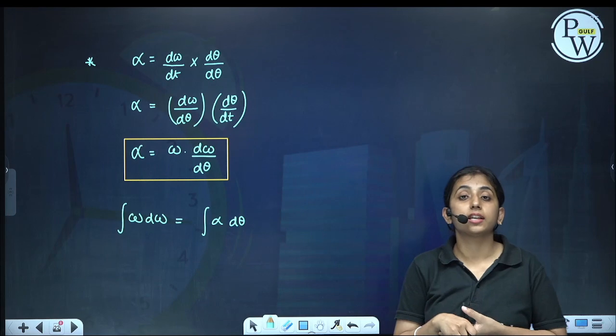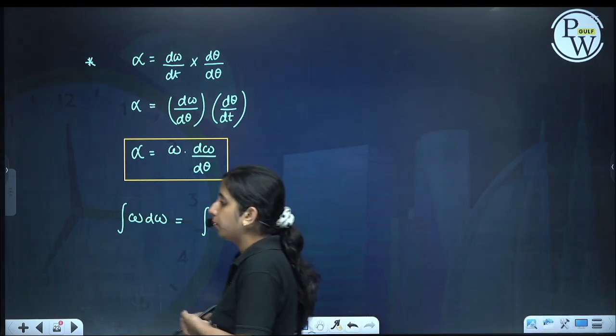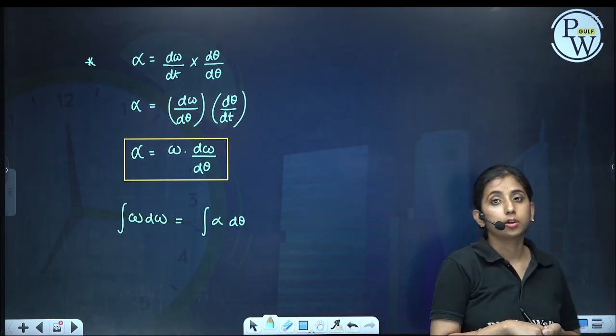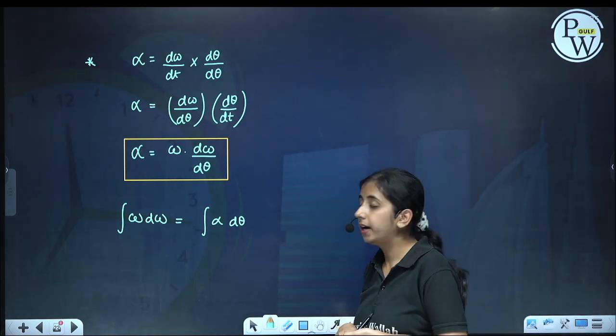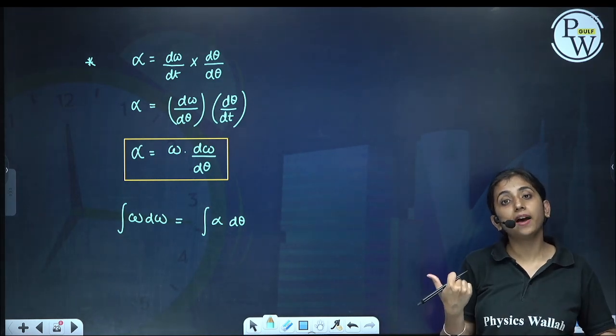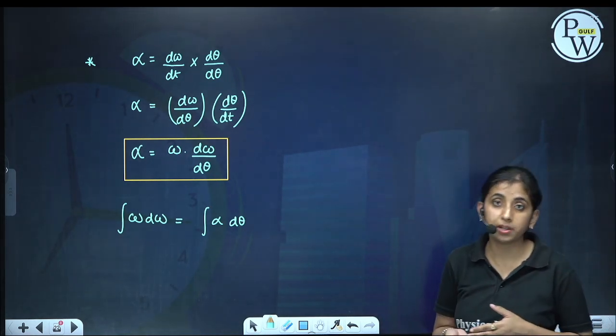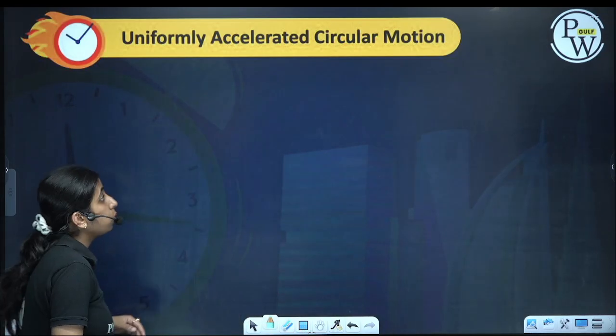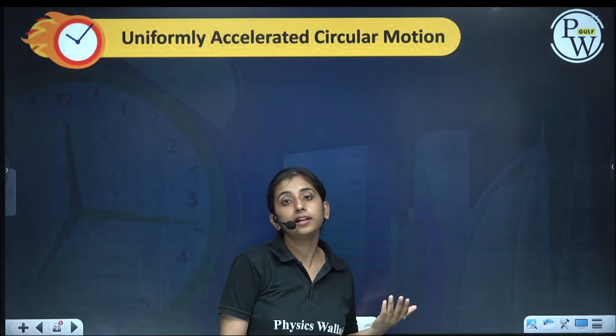So this is the case of non-uniformly accelerated circular motion. In non-uniform, omega is not a constant, it will be variable. We can calculate the parameters depending on how it depends on time or angular position. Now let us do uniformly accelerated circular motion.